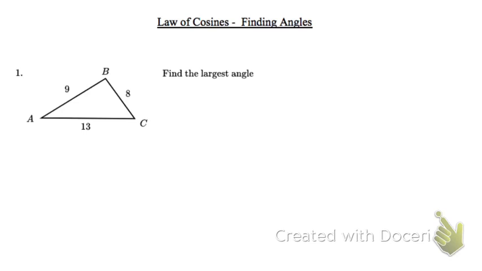Okay? All right, first thing, here's what we have to find. We have to find the largest angle. So we got to remember a little geometry. Where is the largest angle at in a triangle? If we look at our triangle over here, we don't have any angles at all. Where is the largest angle going to be? Well, it's going to be opposite of the largest side.